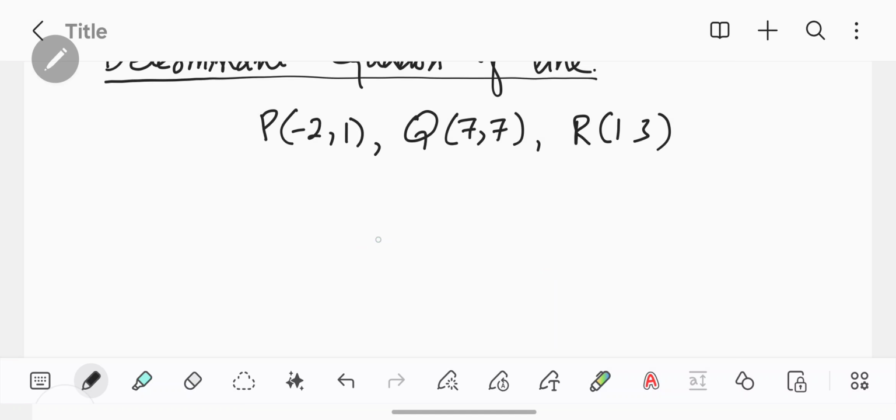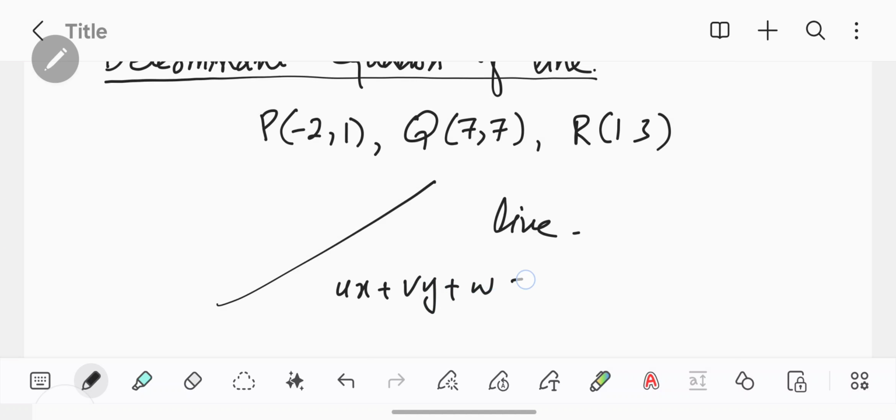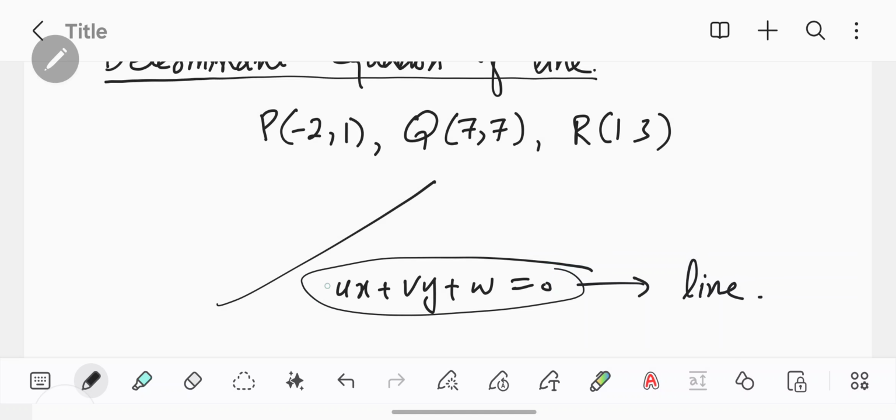First of all, for a given line, we will write its mathematical form. Its mathematical form is ux plus vy plus w equal to 0. So this equation is a line actually. Whenever you write this equation, this equation represents this line.